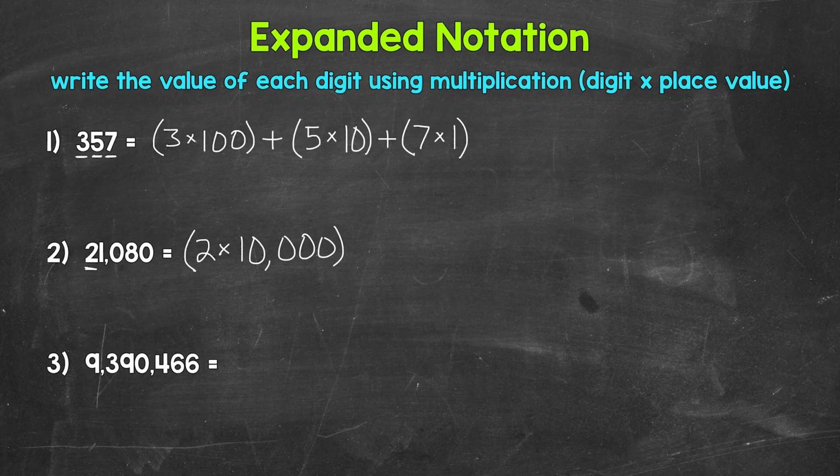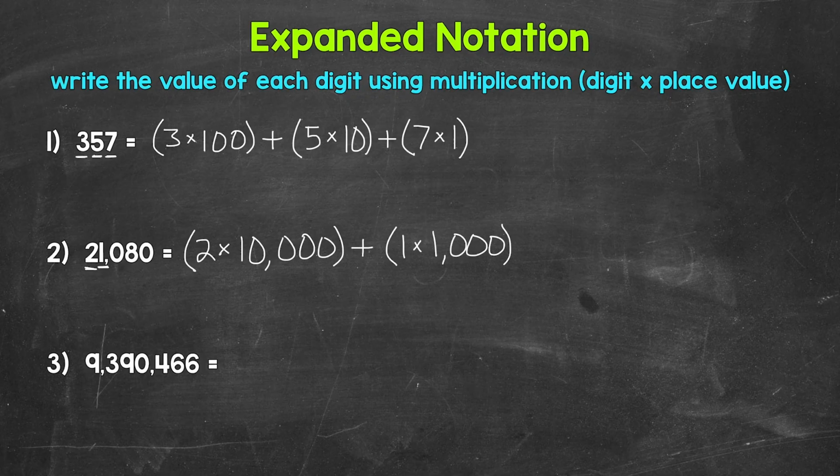Our next digit, so plus, and then our next digit is this 1 right here. So we have a 1, and then that 1 is in the thousands place. So we need to multiply by 1,000.